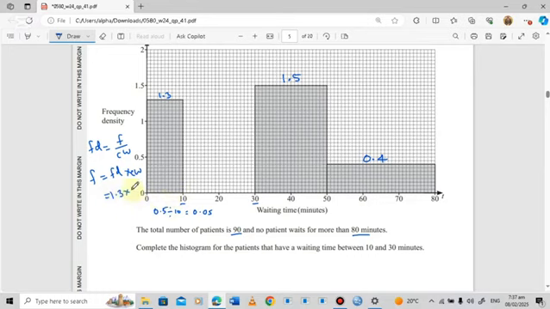The difference is 10, so 1.3 times 10 gives 13. So we will come to this. The frequency density here, F is equal to 1.5. So 1.5 times the class width, from 30 to 50, which is 20 here. So this is times 20, and this gives 30.